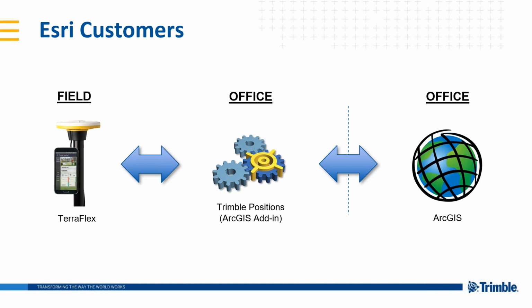The examples that I'm going to run through over the next couple of slides, I'm going to talk about Connect Maps, but for Esri customers, just know that we have an add-in for the ArcGIS platform that can perform a lot of the same functions, but in a more streamlined way.